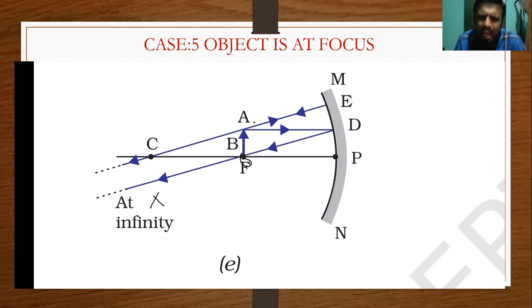Another ray passes from A towards E and retraces its path through the point C on the principal axis. You have to see that the rays are not meeting, so you have to consider that the image is formed at infinity.